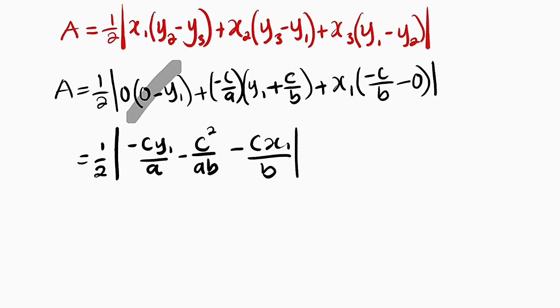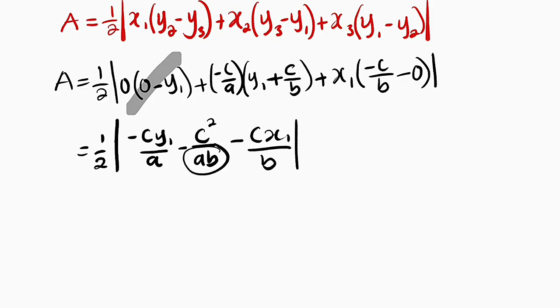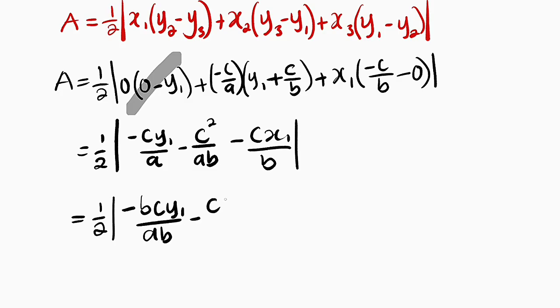All right, so let's simplify this. You can see that this denominator is ab, so we can make this one ab, likewise this one. This is equal to 1 divided by 2 multiplied by, to make this one ab, we can multiply the top and the bottom by b. So we have negative bcy1 divided by ab, minus, this one is already ab, so we have c squared divided by ab, minus, we can multiply the top and the bottom by a, so we have acx1 divided by ab.